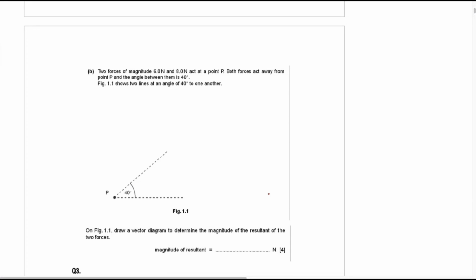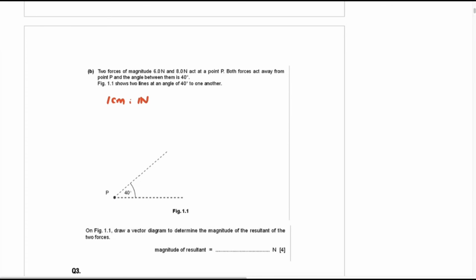So they expect you to use scale drawing to do it. They give us 40 degrees already, so we are not going to use protractor anymore. So we set up the scale, something like this.